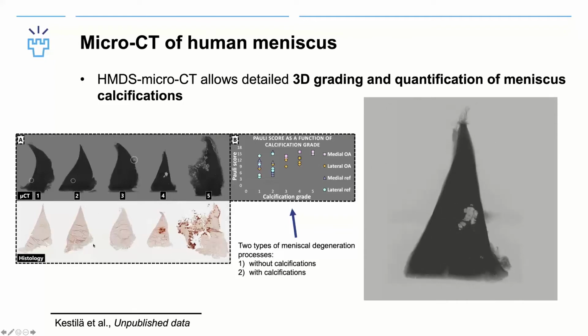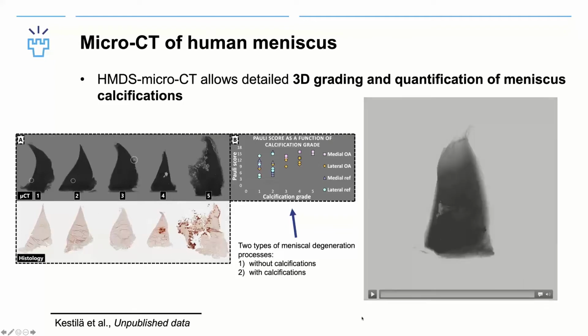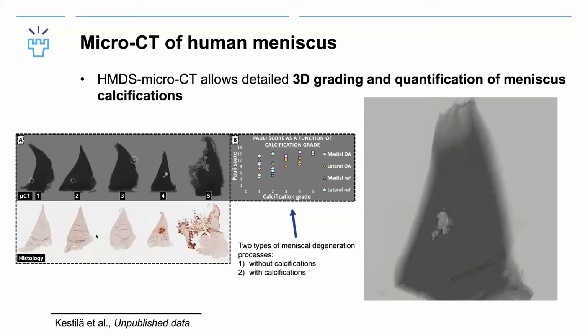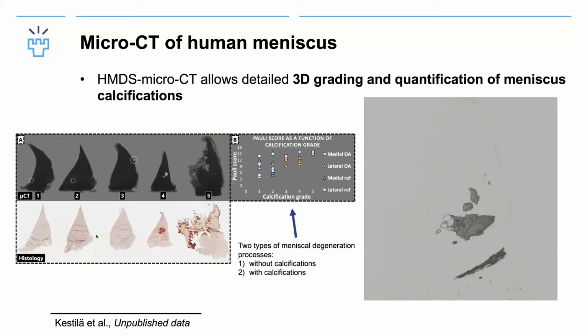But in these early disease phases, you don't see the calcification that well in normal histology. But in micro-CT, when you do specific scans which are designed to look at the calcified stages, you can actually see them really nicely. You can even quantify them. We haven't done that yet, but we will.